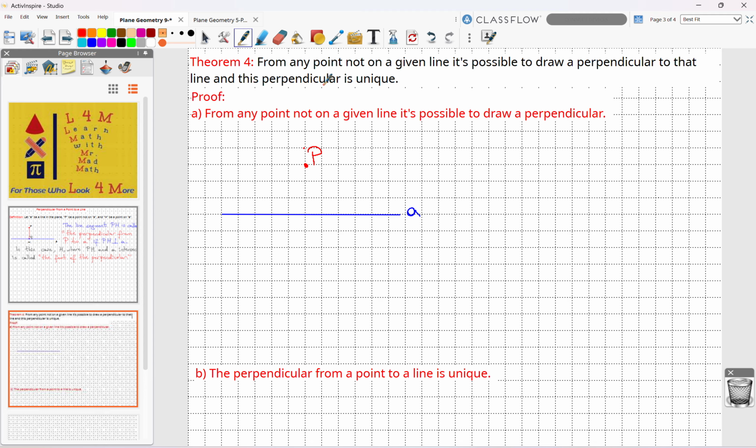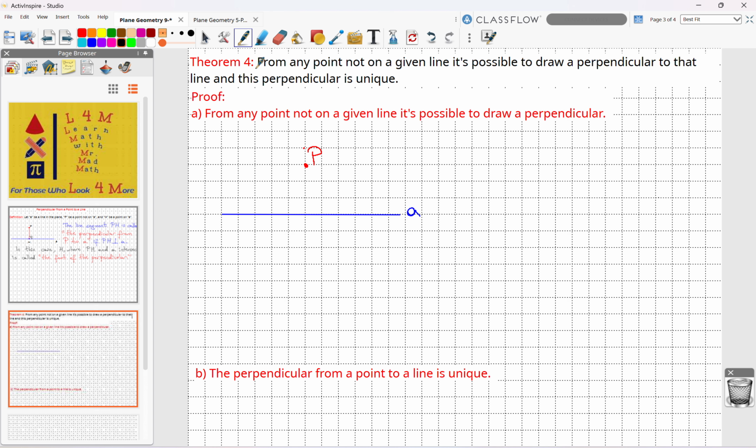And this perpendicular is unique. So there is only one single perpendicular. You cannot draw more than one perpendicular from one point to a line, okay? Just one. Since this is a theorem, it requires proof. Without proof, we cannot trust theorems. But there are 2 parts to prove in this theorem.